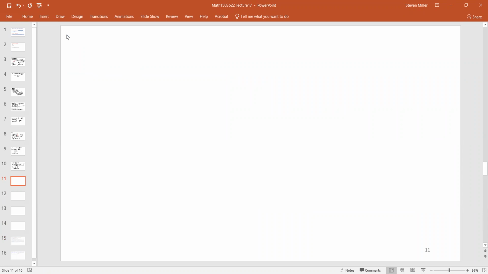Right. So I want 3 calculus problems. I want the derivative of x cubed, I want the derivative of x to the 3 halves, and I want the derivative of x to the root 2. Anybody want to give me the derivative of x cubed? Three x squared. Right?